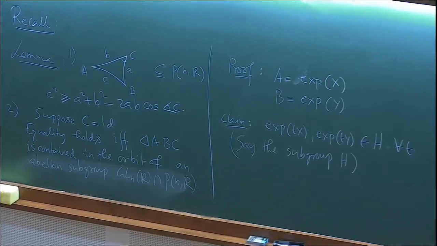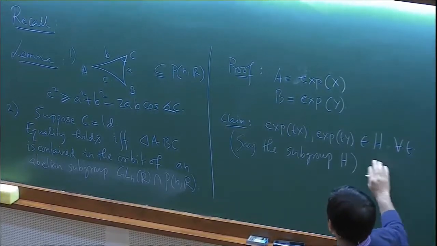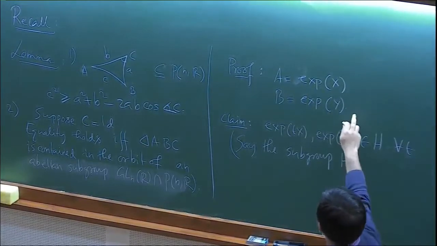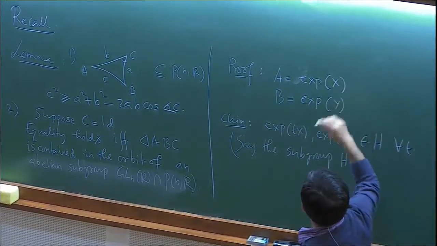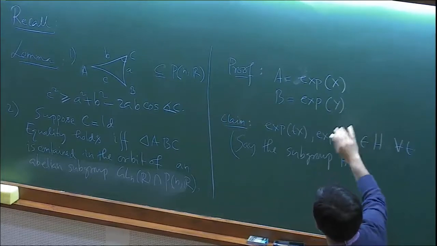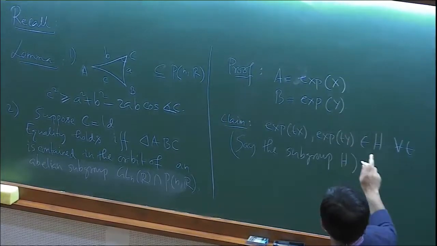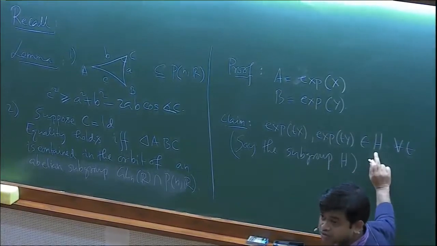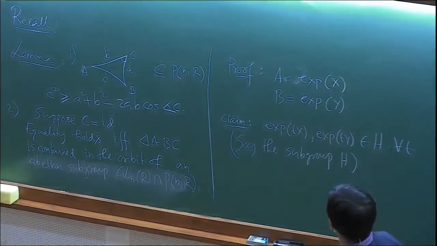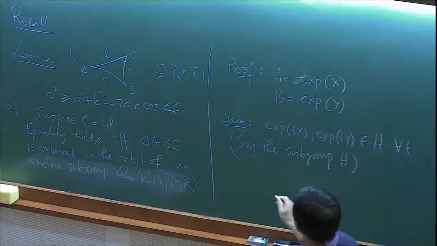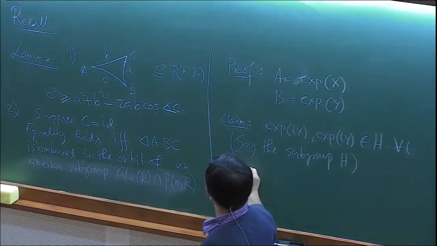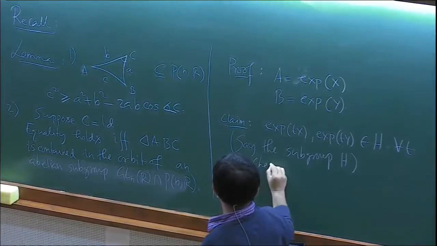More precisely, these are in the orbit of this subgroup H. That will imply that these two are inside H for all t. I left this as an exercise for you to check.